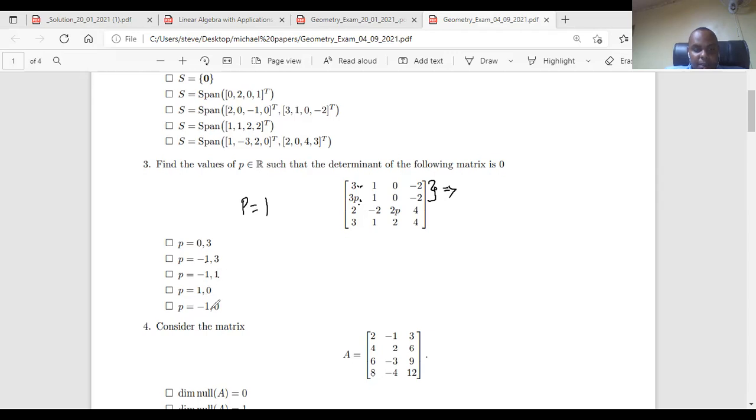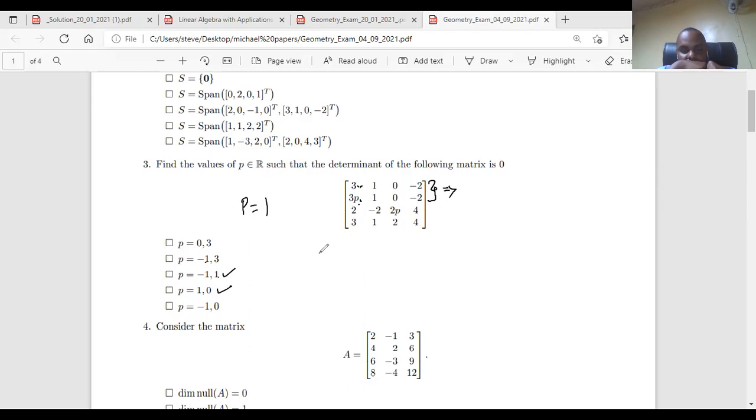But what is the other one? It's 1 and something else. So is the other one going to be -1 or is it going to be 0? So we should try it using one of them. Yeah, we can. If you try using, for example, the 0, we get 3, 1, 0, minus 2, 0, 1, 0, minus 2, 2, minus 2, 0, 4, 3, 1, 2, 4.